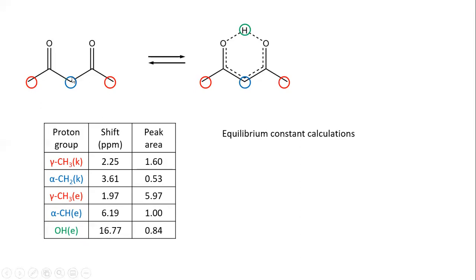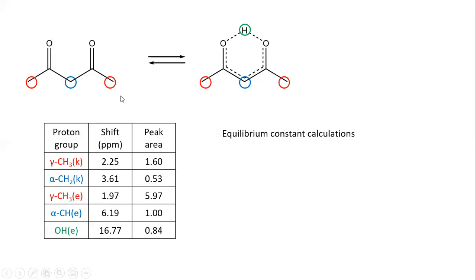Then we can also see that this CH2 transforms. So one of the protons goes into the CH, so we can compare this CH and this CH2. And one of them goes to the OH, so we can also compare this OH with the CH2. Right? So now we have 3 possibilities and we will look at them one by one.